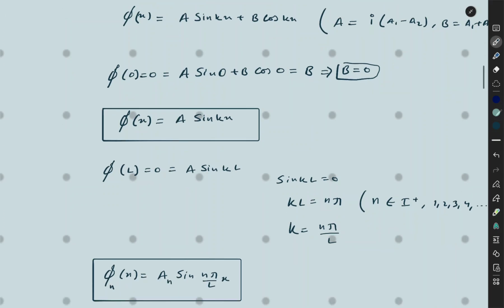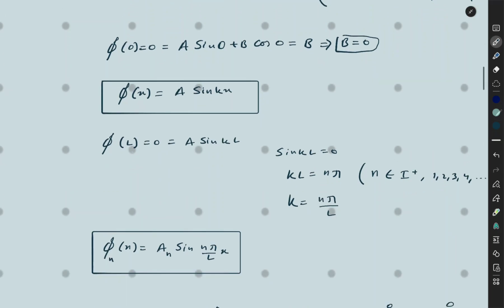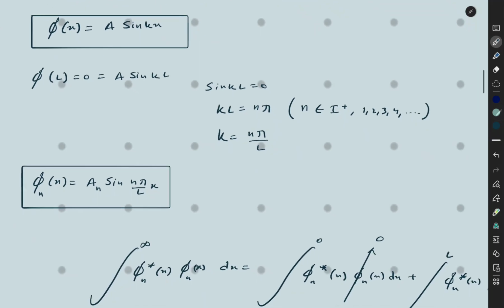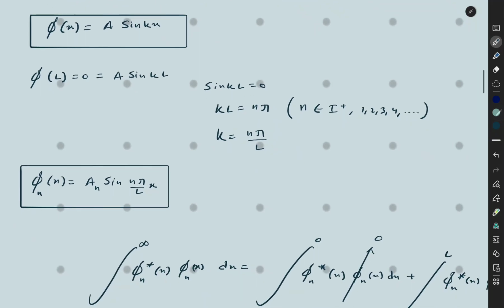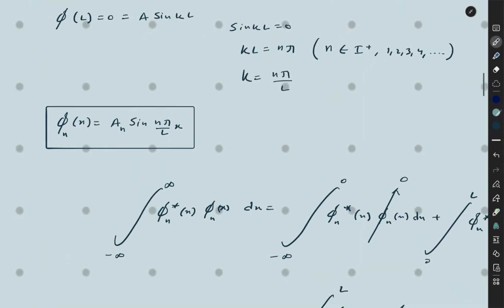And if we apply the second boundary condition, phi of L equal to 0, then we are getting A sine KL equal to 0. k cannot be equal to 0, and A is also not equal to 0, because then it will be a trivial solution. So here also n is not equal to 0, due to Heisenberg's uncertainty principle, and also because k cannot be equal to 0, as it becomes a trivial solution.